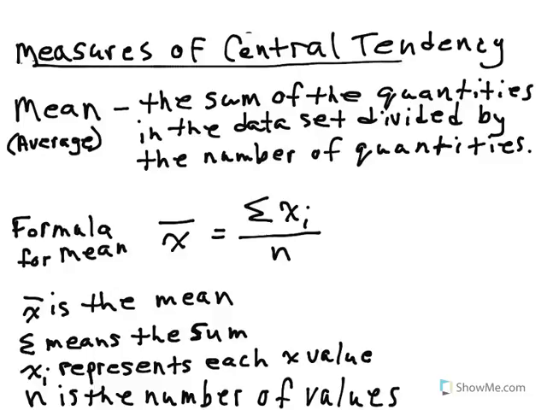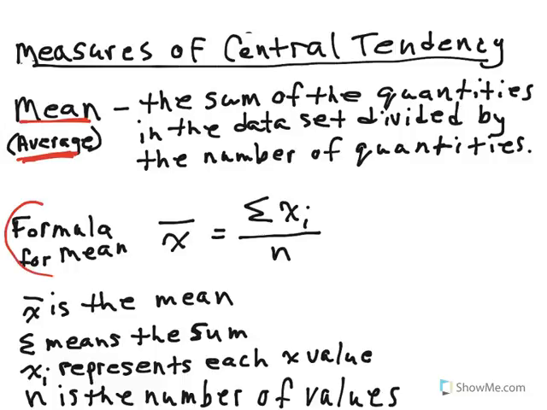Measures of central tendency. We're first going to look at the mean, which is also the same as the average. The mean, or average, is the sum of the quantities in the data set divided by the number of quantities.